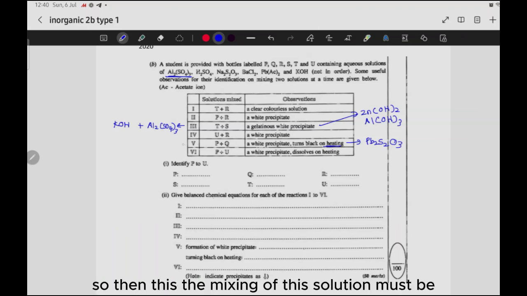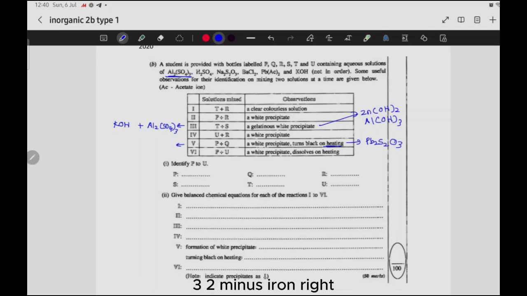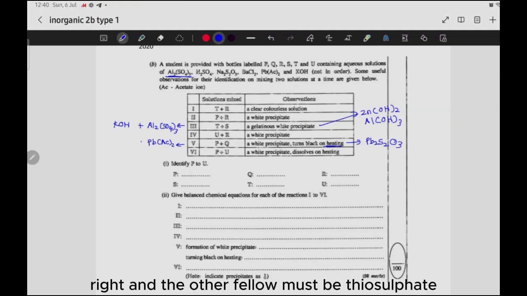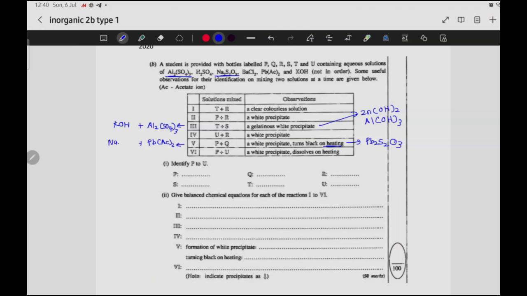So then for the mixing of this solution, one solution must contain Pb2+ ion and the other solution must contain S2O3 2- ion, right? So when you look at it, the Pb2+ containing solution is only this lead acetate, right? So definitely you must have added lead acetate, Pb(Ac)2, right? And the other fellow must be the thiosulfate containing one, which is only this possibility, sodium thiosulfate, right?